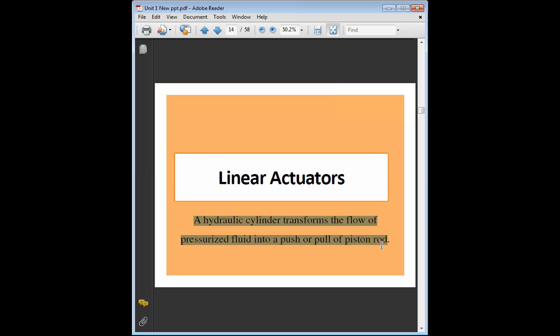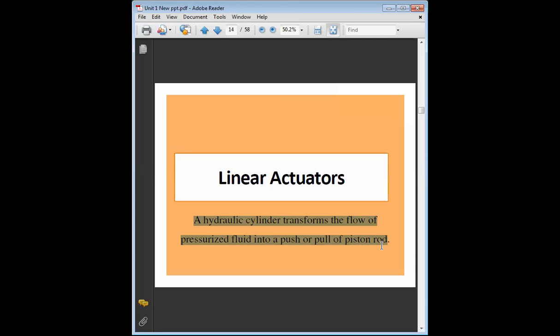Hydraulic energy is converted into useful mechanical work, the pulling or pushing of your piston rod. So that is the hydraulic cylinder's main function.